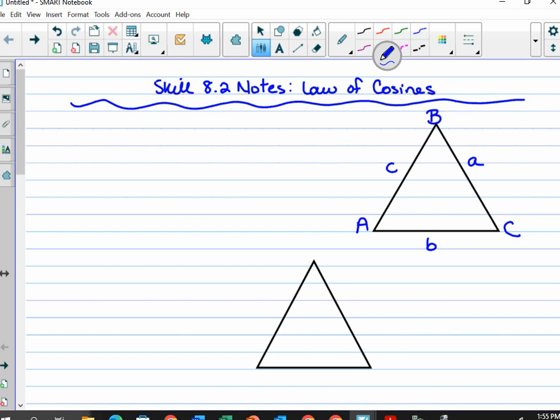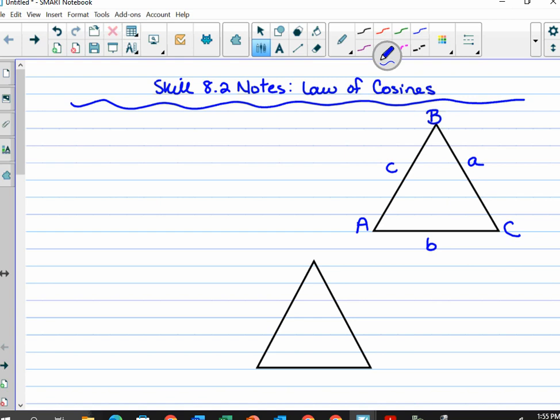So like angle A, side a is across from it. They could be different letters. We're going to write our formula with A, B, and C, but know that that rule always applies. And guys, what you've done up to this point, like SOHCAHTOA, only works for right triangles. Law of cosines and law of sines work for any triangle. So we will not necessarily see right triangles today.